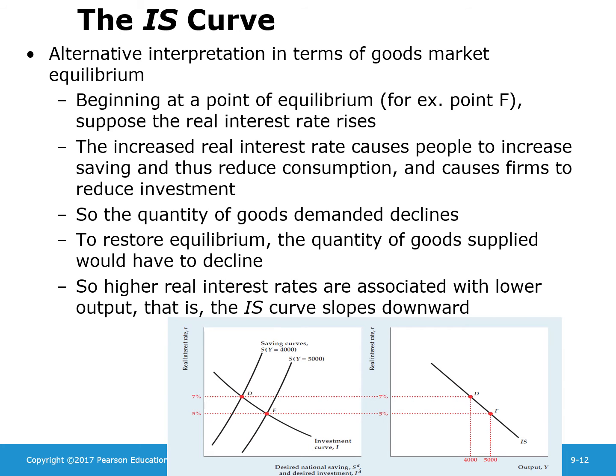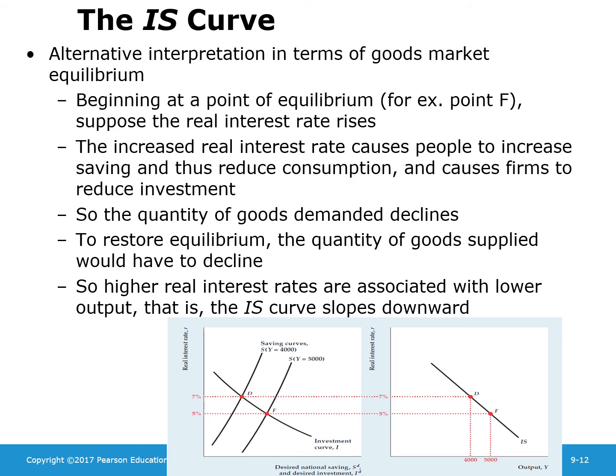Now aggregate demand is lower than aggregate supply. How do we restore the equilibrium? To restore equilibrium, aggregate supply also has to decline, so the quantity of goods supplied would have to decline. So higher real interest rates are associated with lower output. That's why the IS curve slopes downward.